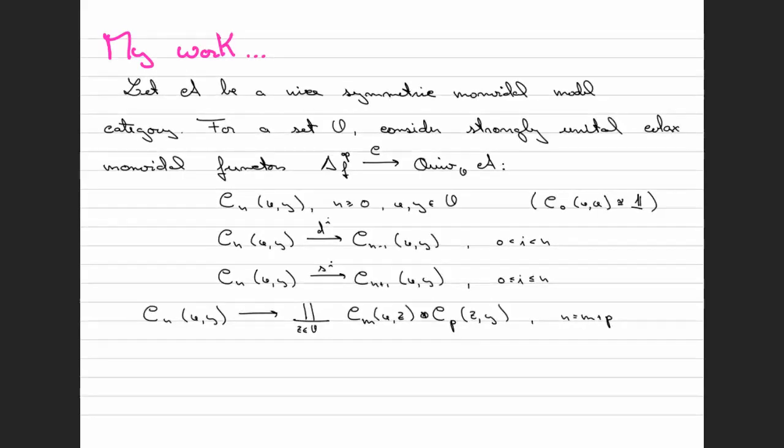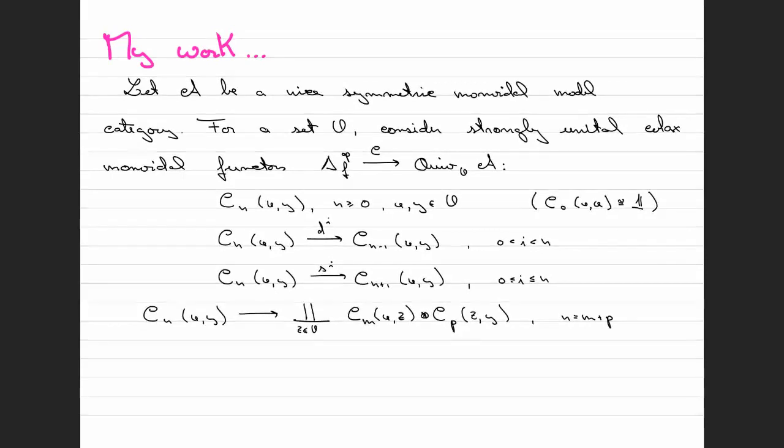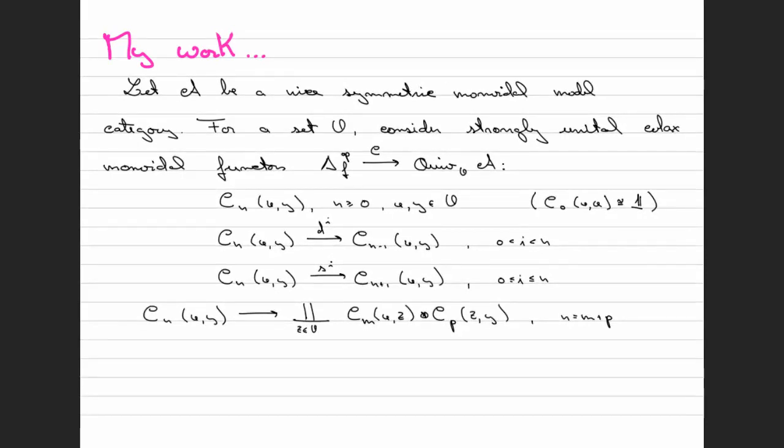colax monoidal part. We have things like this, which look exactly like what we want to replace the Segal maps with. So, for example, if we put 2 here, we have 1 and 1 here. So we have a triangle that goes into a tensor product of 2 edges. So it's the perfect replacement for the Segal maps.